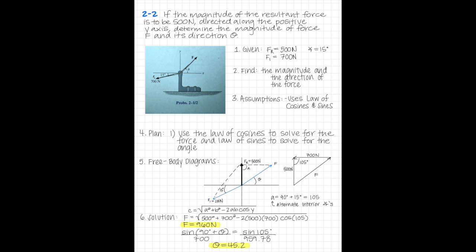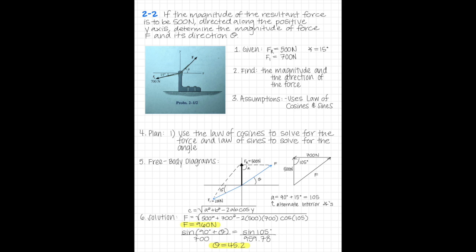How we get 105 is this is A over here. So, A is going to be alternate interior with this over here, and that it would be 90. A equals 90 plus 15, which is 105.